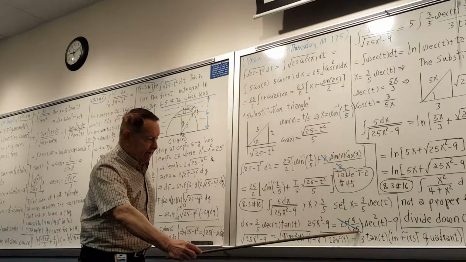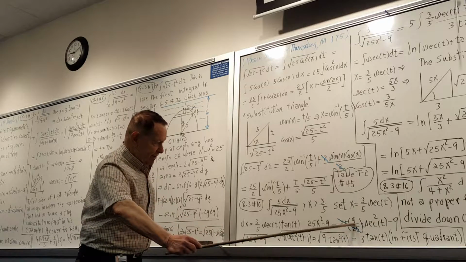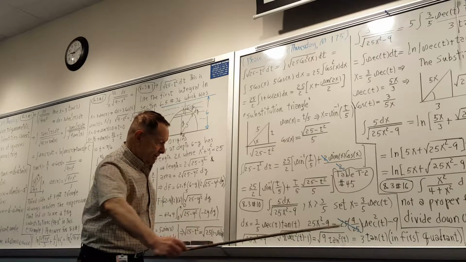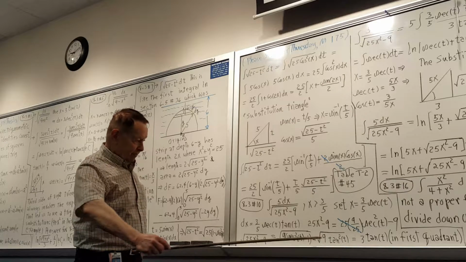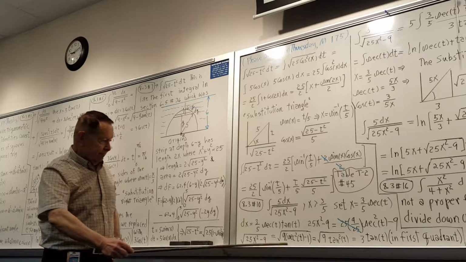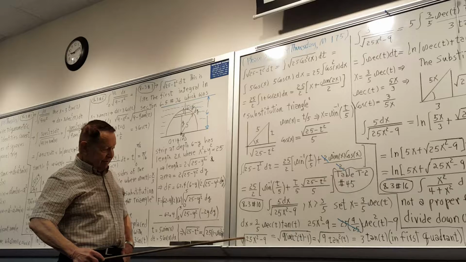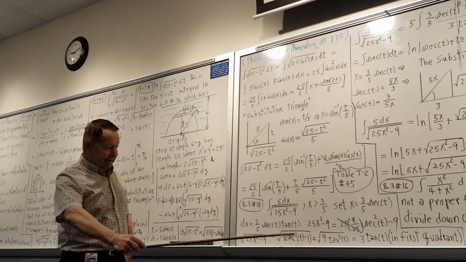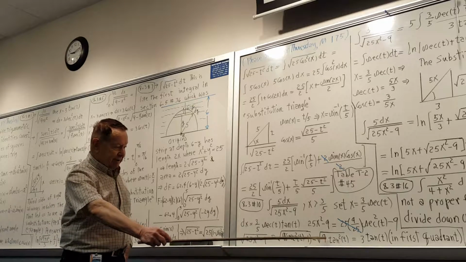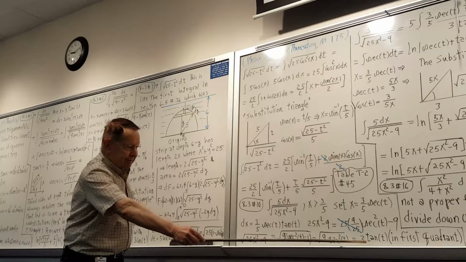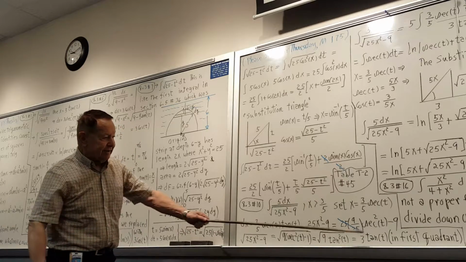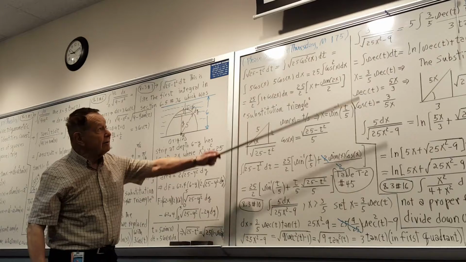You notice the 25's cancel, the 9 factors, and your secant square minus 1 then will be your tangent square. So your square root becomes this square root, which becomes this one, which becomes 3 tangent. And we're thinking of this in the first quadrant.